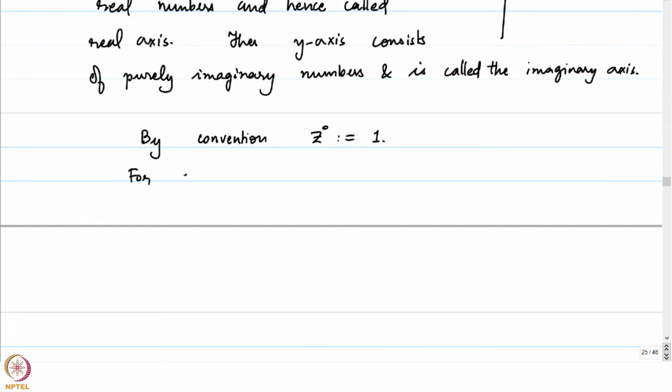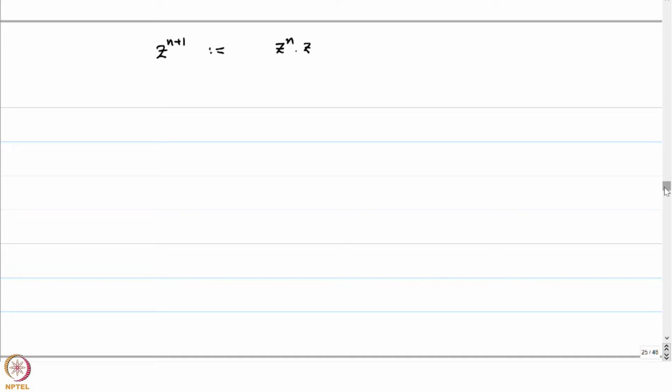For n a non-negative integer, we will define z to the power n inductively. In fact, z to the power n plus 1 is defined as z to the power n times z, assuming that z to the power n has already been defined. Oh yes, by convention 0 to the power 0 is also defined to be 1. That's for non-negative integers.